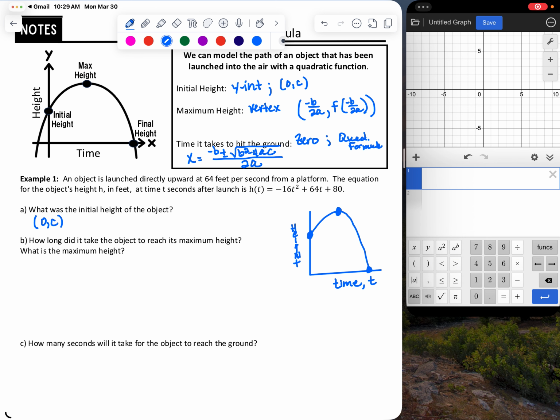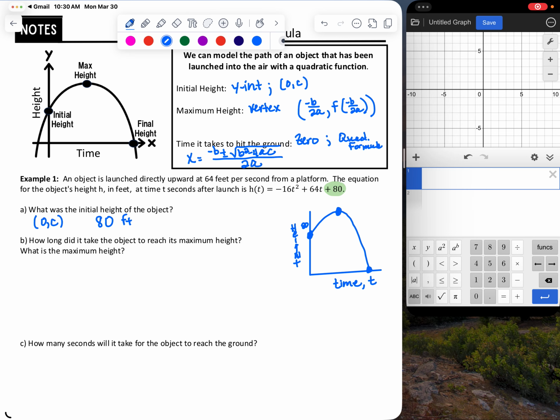So what we want to do is look at our equation here: h of t equals negative 16t squared plus 64t plus 80. Well, our c value here is 80. So that's telling us that the initial height of the object was 80 feet. So I'm just going to label that with an 80 right there. So there's your initial height, 80 feet.